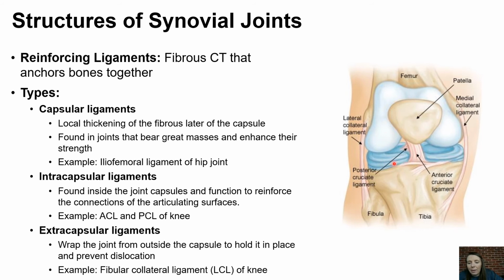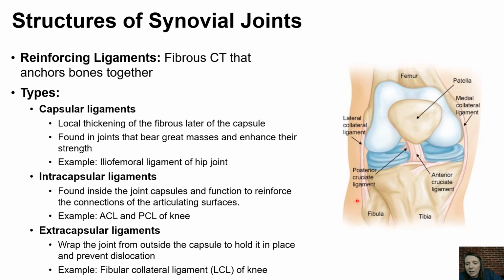because they're located actually inside of this joint capsule, they're called intracapsular ligaments. And then finally the third type are extracapsular ligaments, and what extracapsular ligaments do is they wrap the joint from outside of the capsule and hold that capsule in place. And this prevents dislocation. So an example here would be the fibular collateral ligament of the knee, and also the medial collateral ligament.